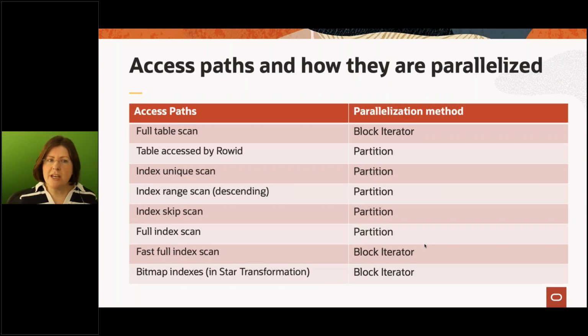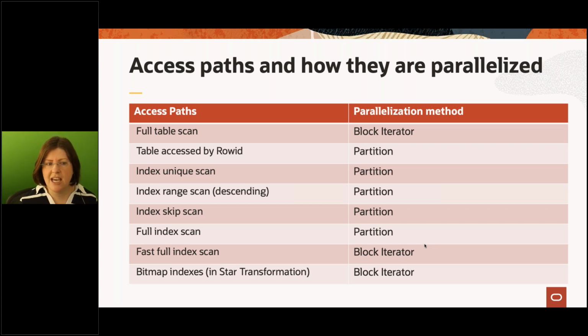Now, how do we break up the different access paths? We looked at full table scan, which can be a block iterator or a partition iterator. But with some of the others, we can only parallelize those operations if the object is partitioned. Last week when we talked about parallelizing operations, I mentioned that a lot of the index access paths by default can't be parallelized.